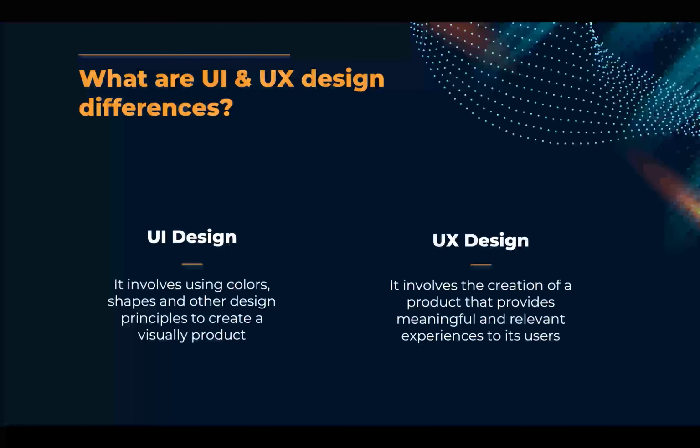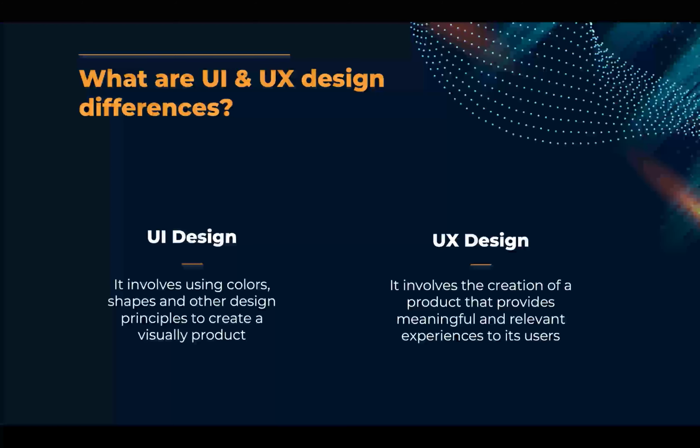Okay. So what are the differences between UI design and UX design? UI design involves using colors, shapes, and other design principles to create a visually pleasing product. And UX design basically involves the creation of a product that provides meaningful and relevant experiences to its users.